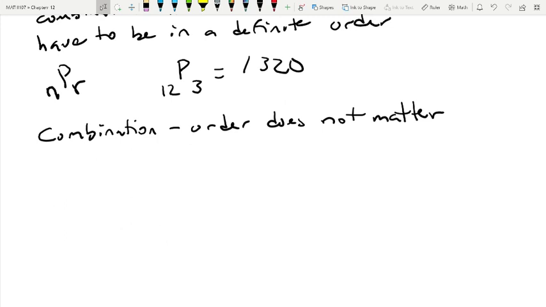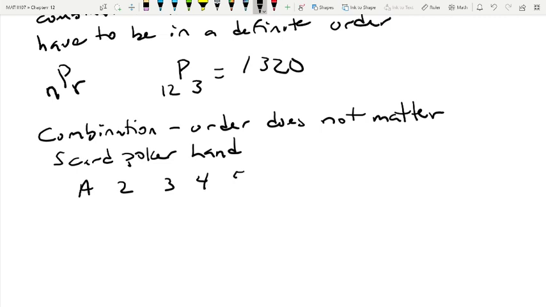So the prime example of that is you think in terms of playing cards. And let's say we're dealing out a 5-card poker hand. And let's say I deal out the ace, 2, 3, 4, 5 of clubs. Okay. That would be a poker hand. That would be a very good poker hand.